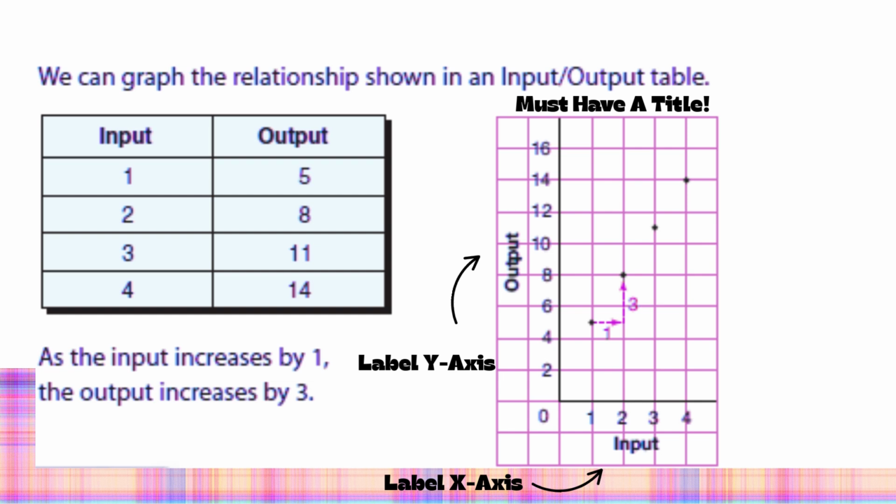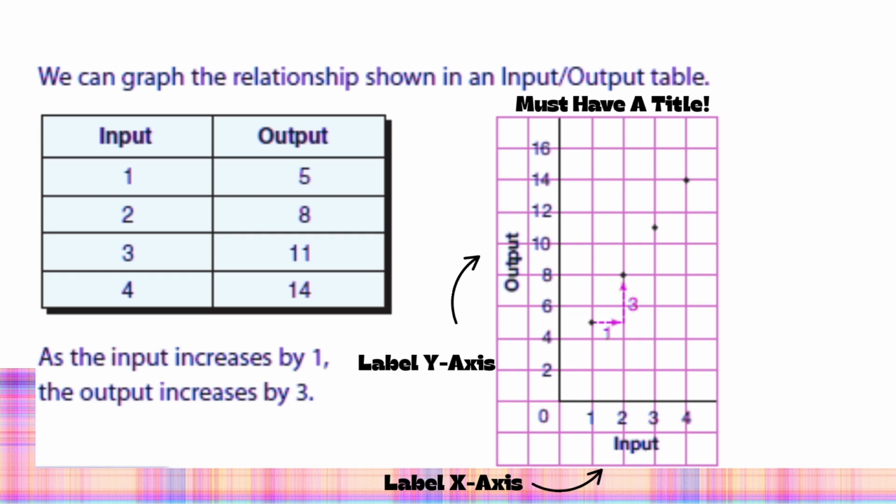Let's look at another example using an input-output table. In this table, the input starts at 1 and increases by 1 each time up to the number 4. The output starts at 5 and increases by 3 each time up to the number 14. To graph this data, we have to remember to label the x-axis.